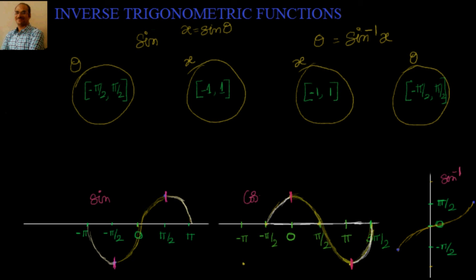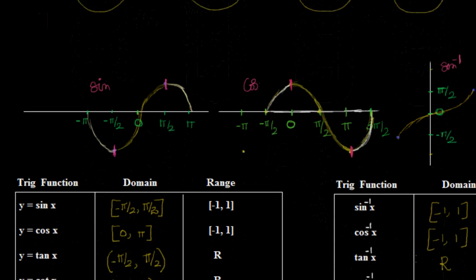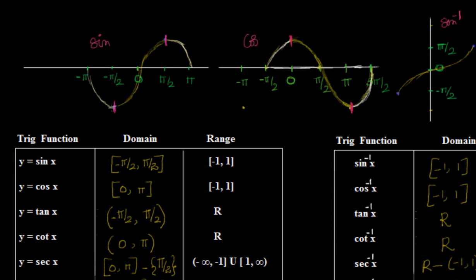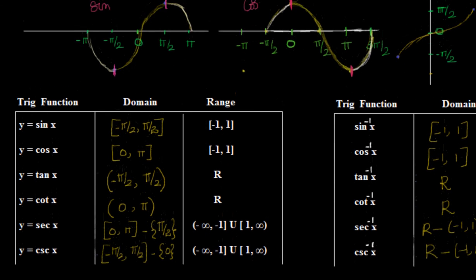We went through the curves or graphs of the sine function and cos function, for example, and understood that if I restrict the domain of sine to minus pi by 2 to pi by 2, or cos to 0 to pi, I can have the inverse functions of sine and cos.